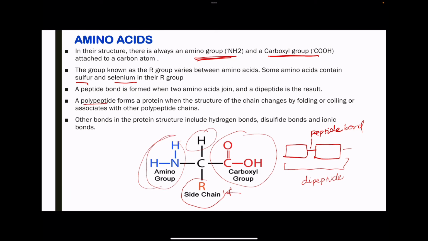This polypeptide then forms a protein when the structure of the chain changes by folding or coiling or associates with other polypeptide chains. We can see this in collagen. Other bonds in the protein structure include hydrogen bonds, disulfide bonds, as well as some ionic bonds, although we can also talk about London forces or what we call dipole interactions.